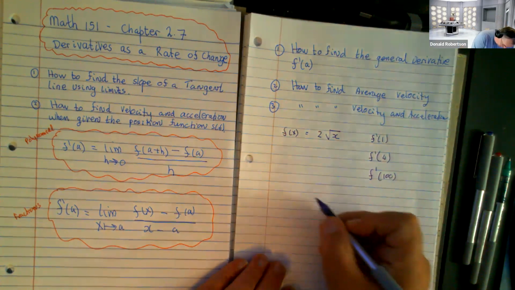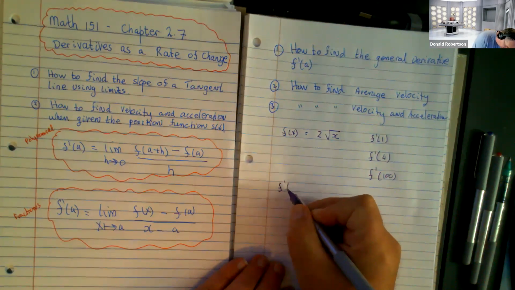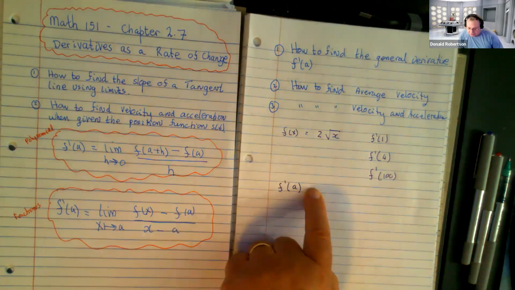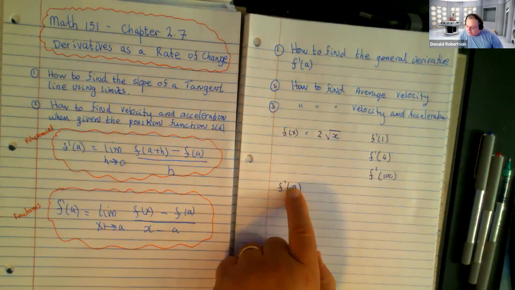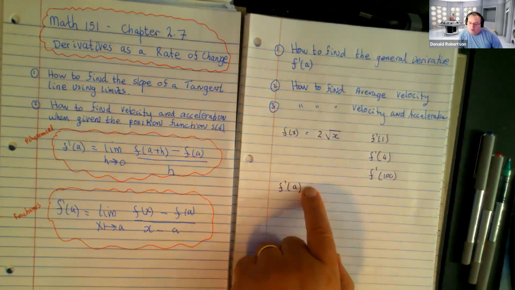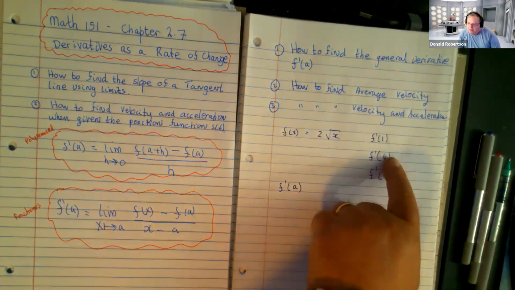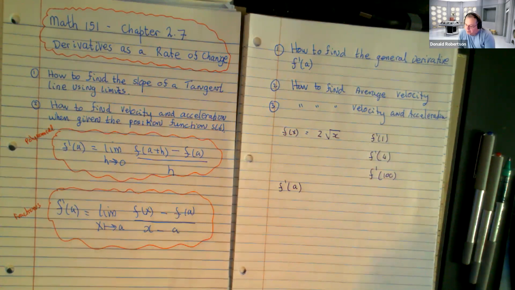Wouldn't it be more efficient just to find out what that was? In other words, get a formula, it'll be in terms of a, of course, for the derivative of a. And then once I've got that formula, can't I just put 1 into it, then 4 into it, and then 100 into it, and I'll save a bit of time, right?